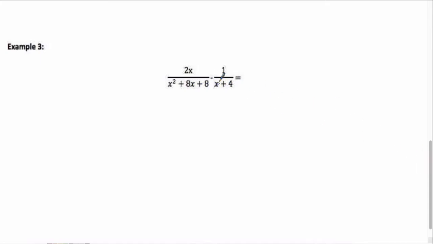All right, so you might have noticed that thus far we've just multiplied the denominators together, and then we cross-multiplied here to get the numerators. But that's not always going to be the case because here, if you have where one of the denominators is a factor of the other denominator, you might not need to do as much multiplying around. So let's factor this before we decide what our common denominator is. But this would factor to x plus 4 times x plus 2.